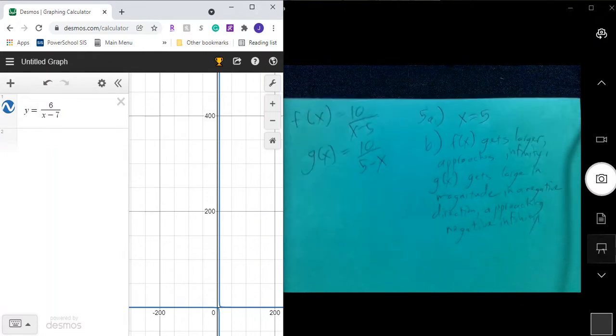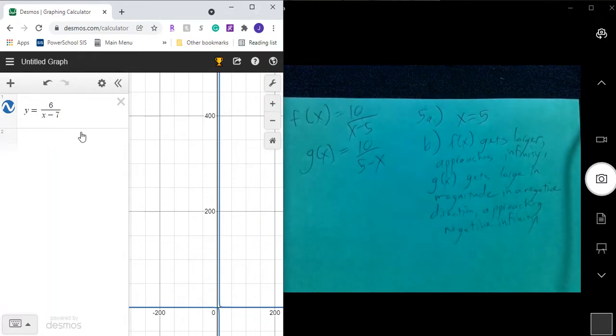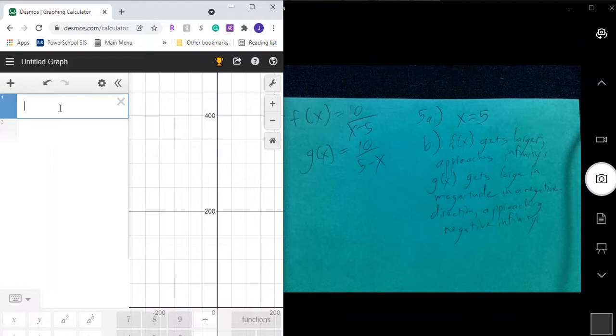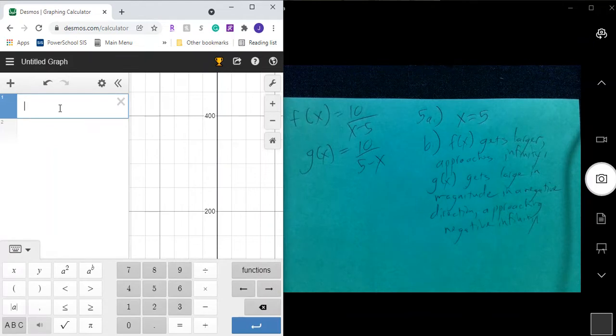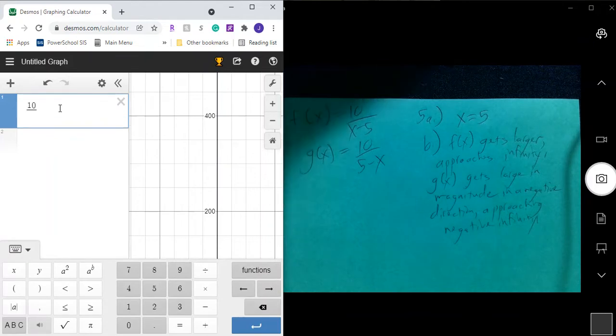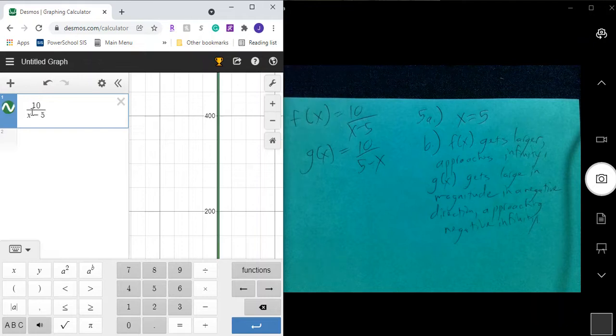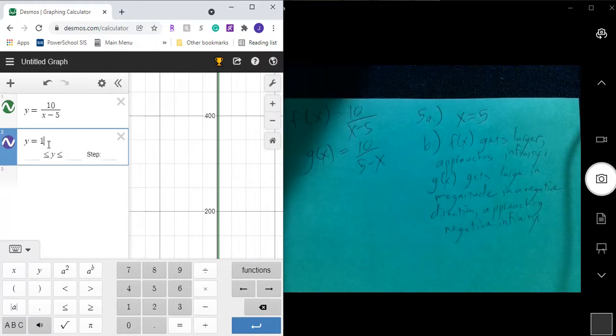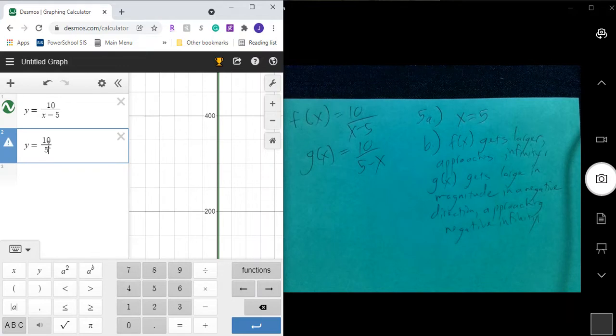Now, what we would need to do is first have y equals 10 divided by x minus 5. And then y equals 10 divided by 5 minus x.